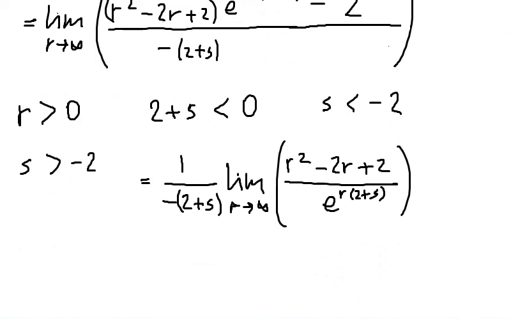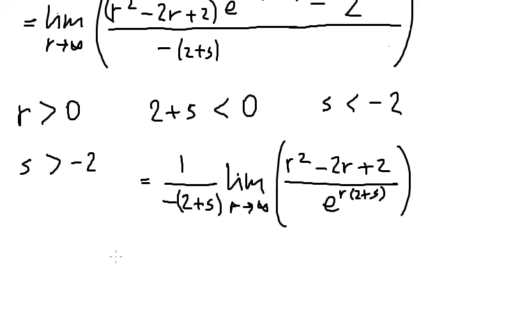Individually, of course, the limit of the numerator and the denominator are both infinity when r goes to infinity. But because now the exponent is positive, the denominator goes to infinity faster than the numerator, and this can be proved by using L'Hopital's rule.